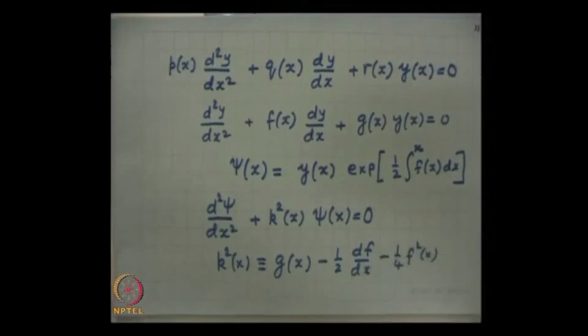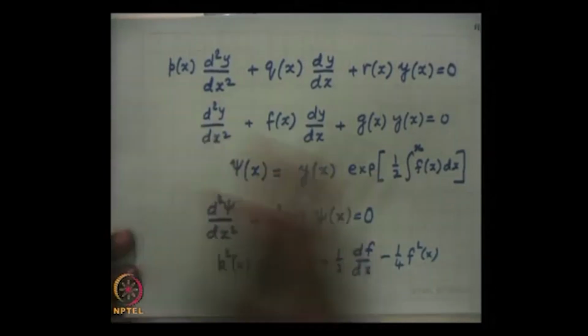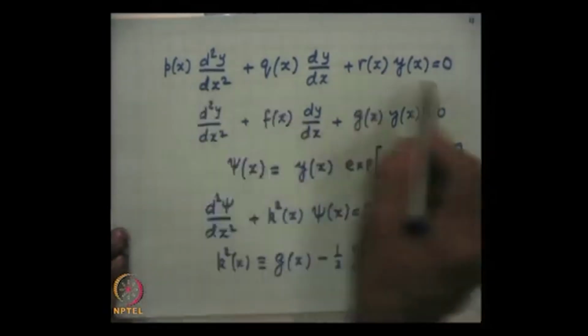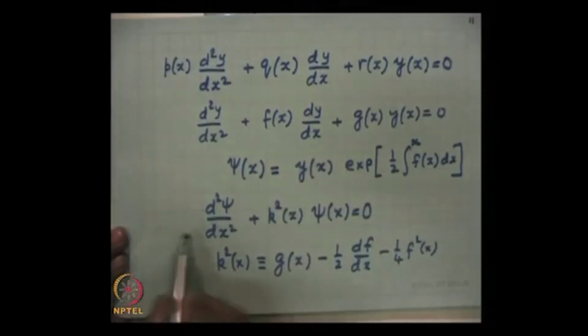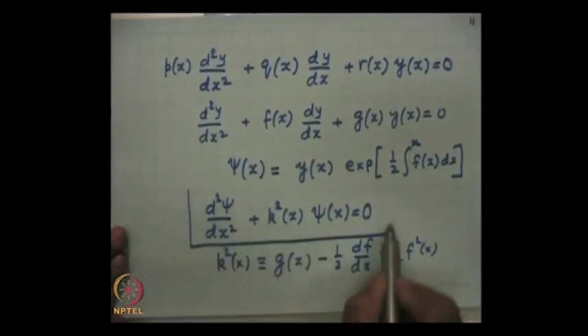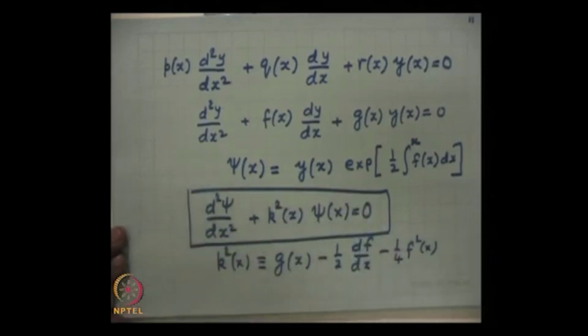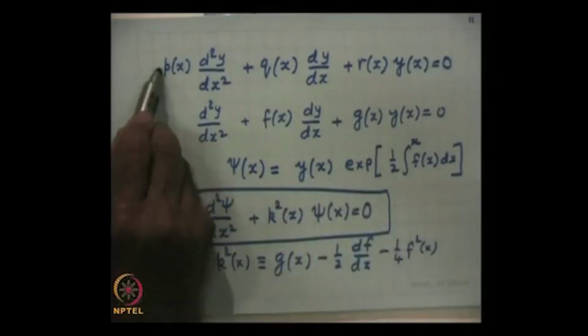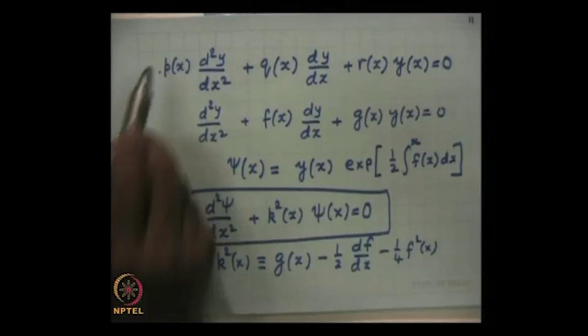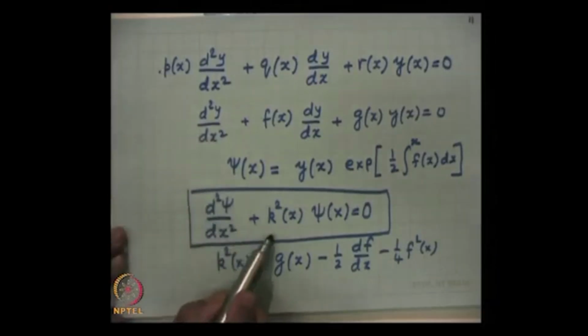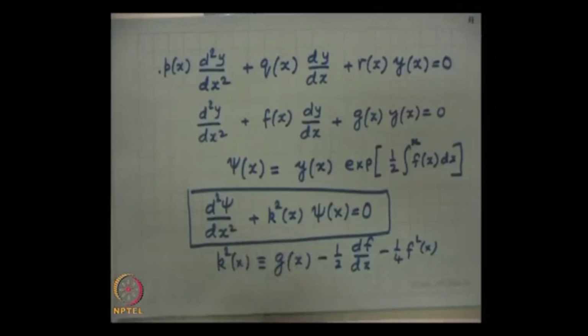So, what I was trying to tell you is that any second order differential equation of the type shown here can always be transformed rigorously to an equation of this type, and then we can use the JWKB solutions to obtain approximate solutions of this equation.